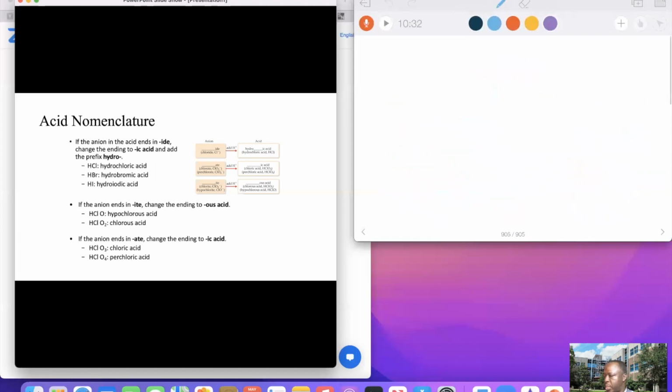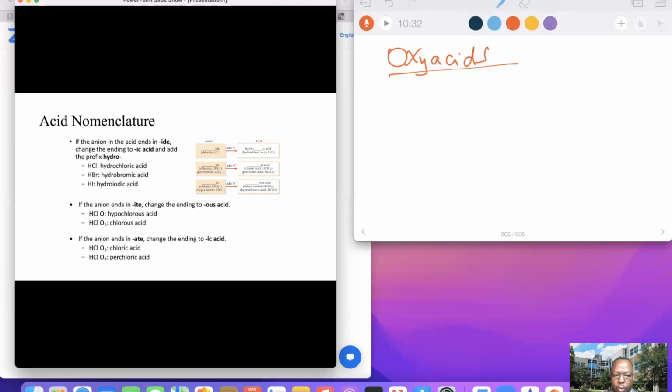There is a systematic way here for oxy acids. We use polyatomic ions to determine how we change the ending to OUS.